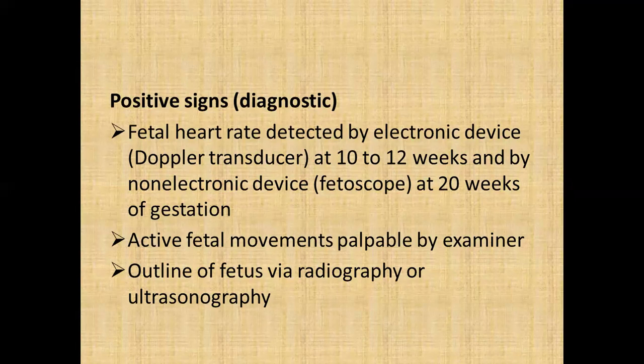So what is the significance of this? The electronic device, that is the Doppler, can identify the fetal heart rate at 10 to 12 weeks of gestation. By hook or crook, when someone is pregnant, you should be able to identify the fetal heart rate using the Doppler at this time.